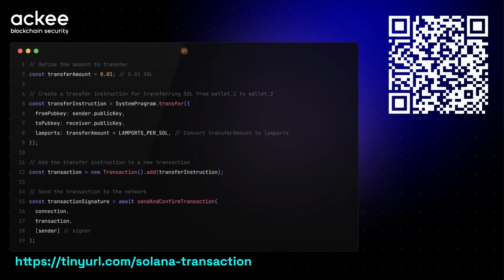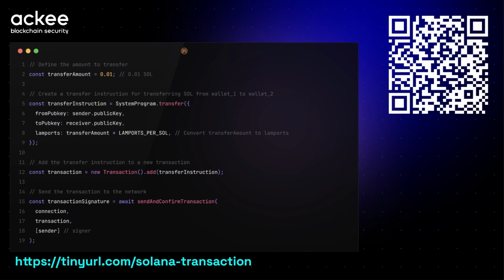You can see in the code snippet, I will show you this in the Solana Playground. You can see the URI to the playground, but you can also scan the QR code. But let's just focus on the code, and then we will have the hands-on example.